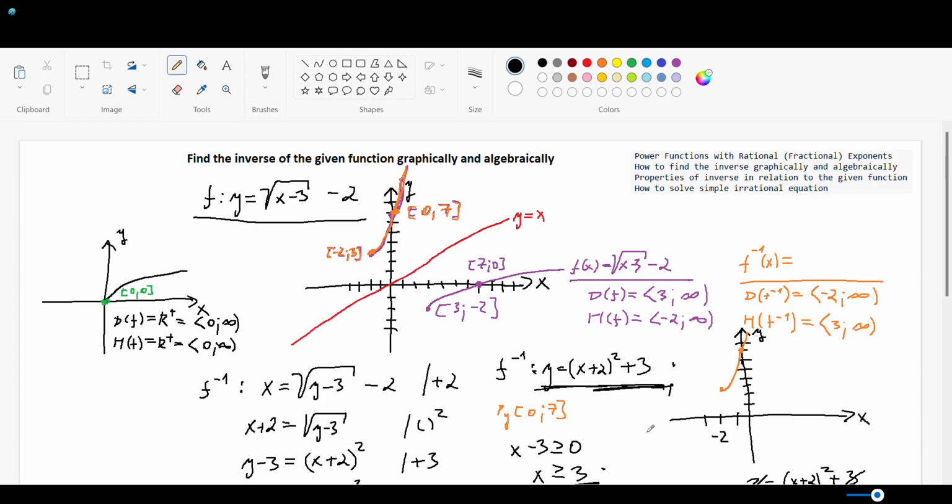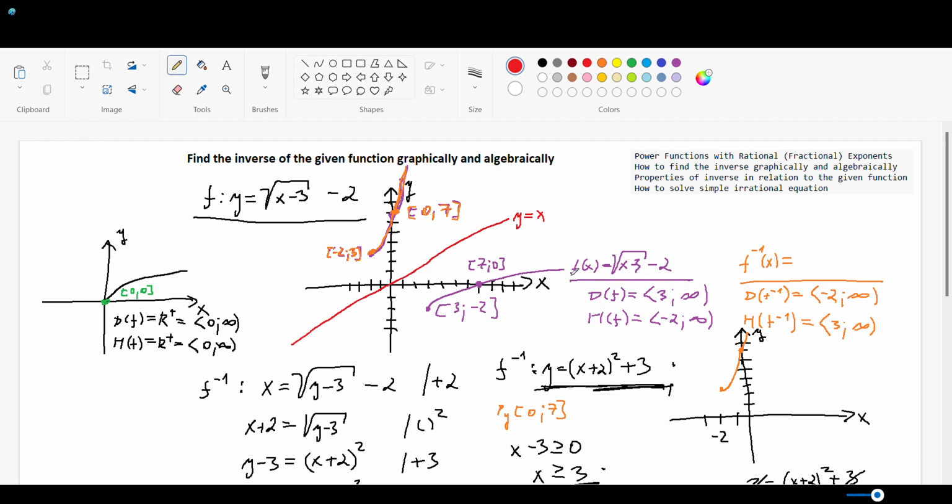So we went through the power functions with rational, or if you want, fractional exponents. We used this information when we were drawing the original or given function.